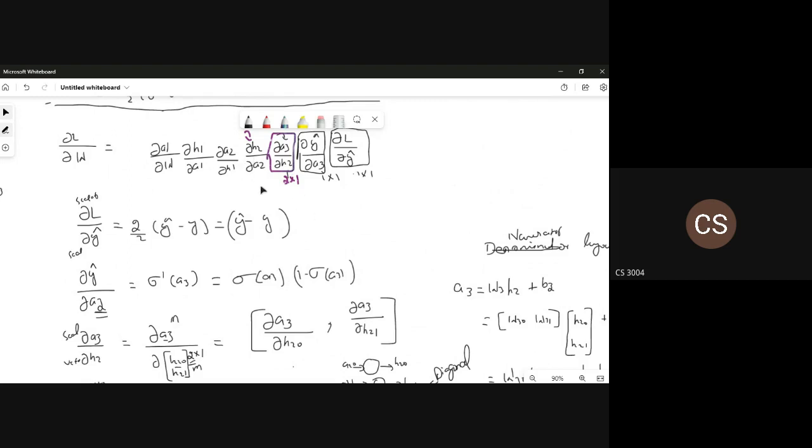Now I computed this term, which is dou H2 by dou A2, which turns out to be a 2 by 2 matrix. I know this 2 by 2 matrix is a diagonal matrix. What happens if I multiply a diagonal matrix by a column vector? What does it do to the column vector?